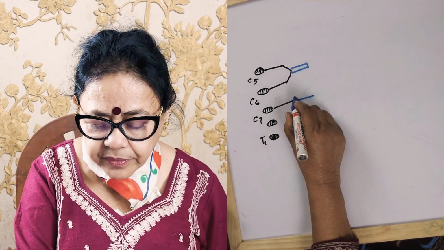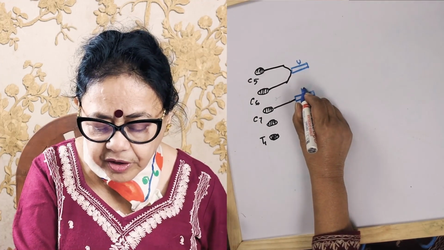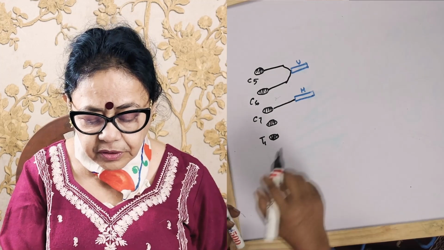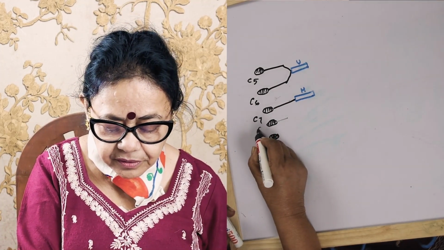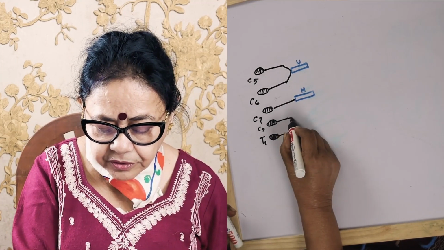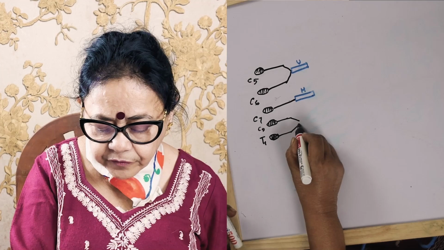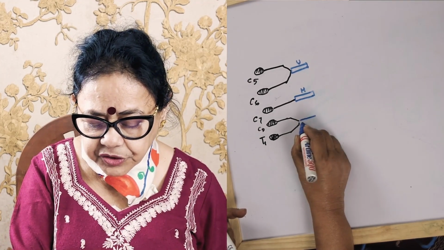So this is the upper trunk, this is the middle trunk. Now the C8 and the T1 unite and form the lower trunk of the brachial plexus.